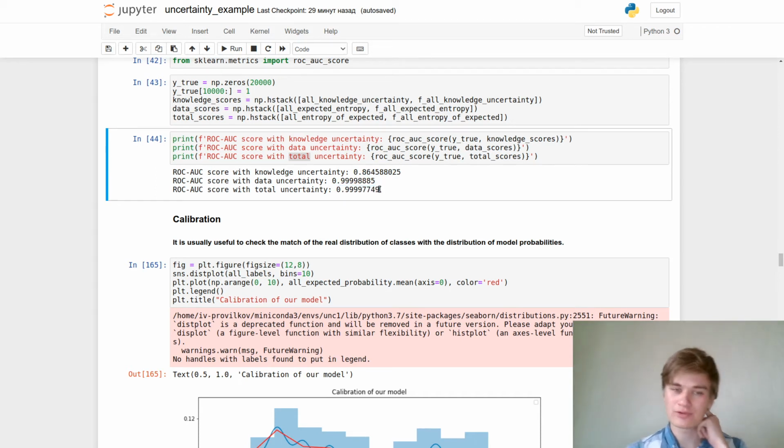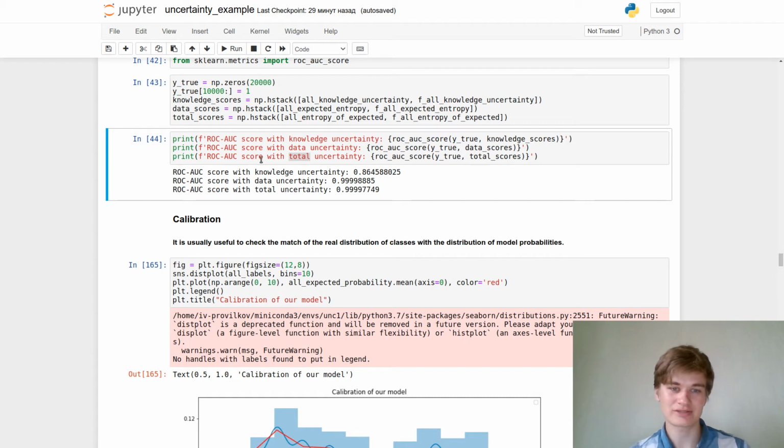This could be because some of our Fashion MNIST clothes images look very similar to some digits, maybe. And that's why our ensemble gives not very big knowledge uncertainty for these images, for example.